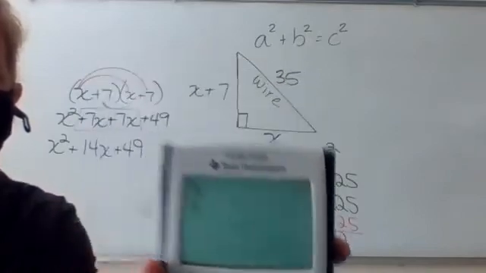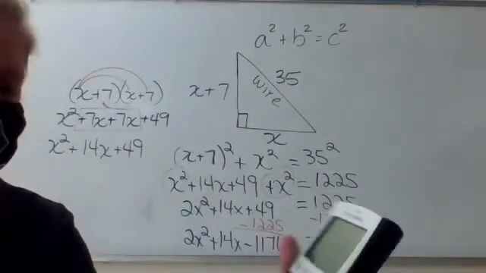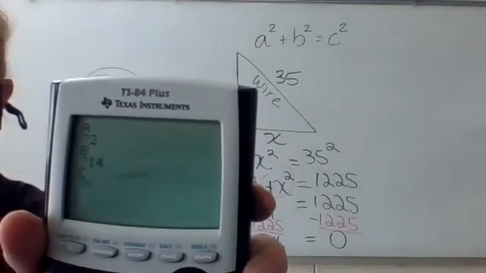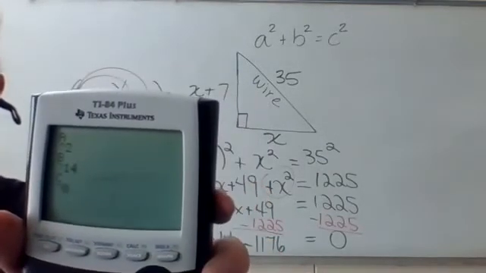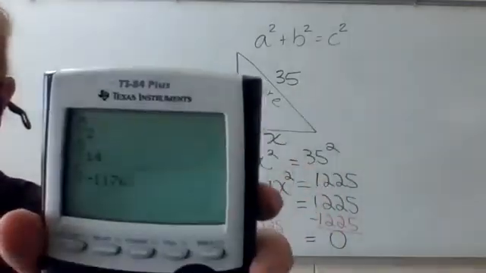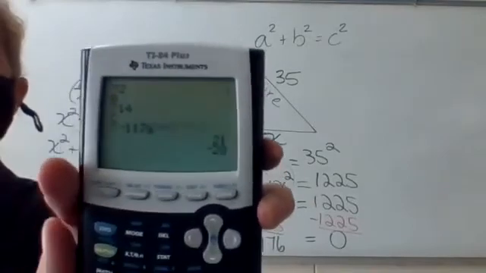My B, the number in front of x, is 14. And my C, which is the constant, is negative 1176. Now, when I hit enter, look what it gives me: 21 and negative 28 are the solutions.